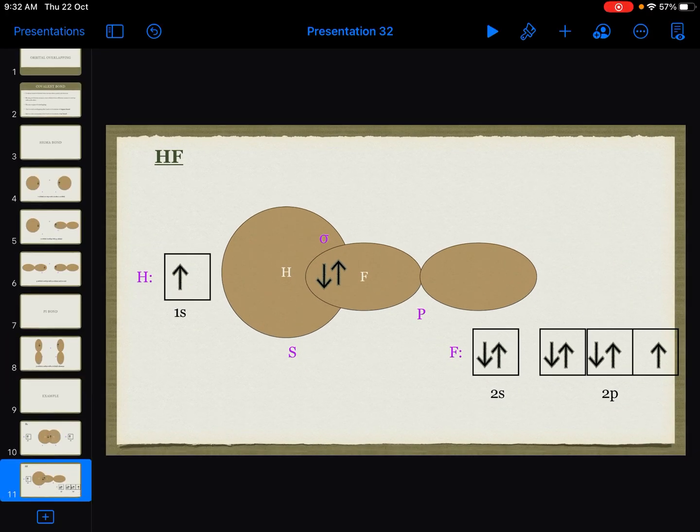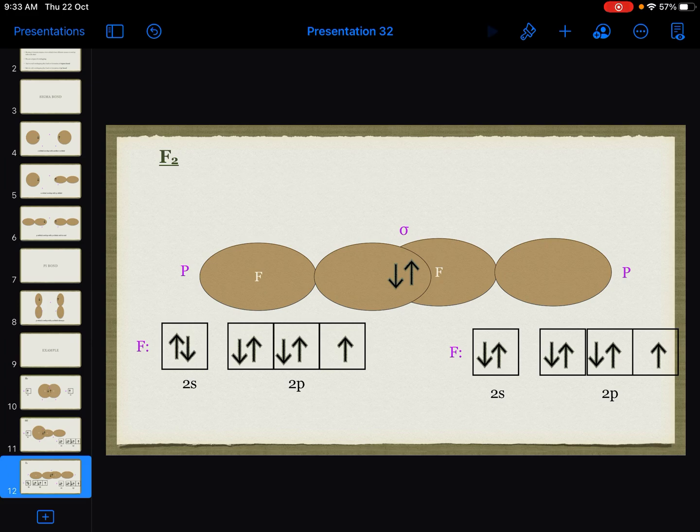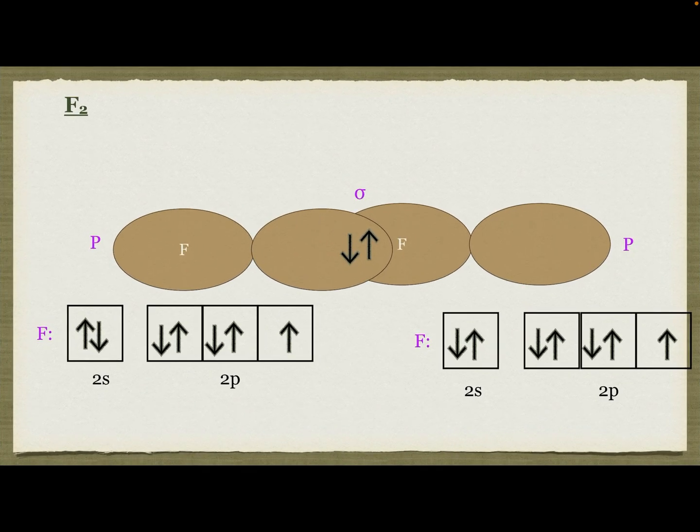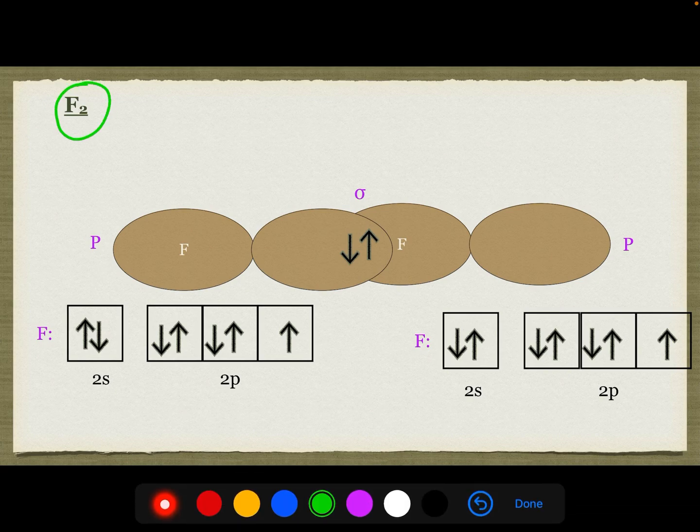Okay, last example. Okay, last example is from the molecule fluorine molecule F2. Okay, so ini contoh bila berlaku pertindihan antara p orbital dengan p orbital sideways ya. So if you look at the first fluorine, okay, case dia sama macam tadi. We are going to just focus on the valence electron.